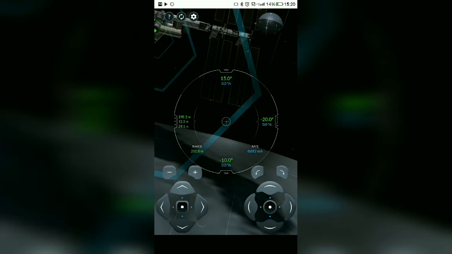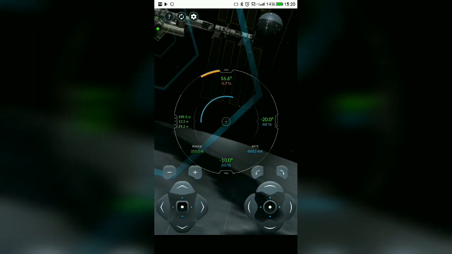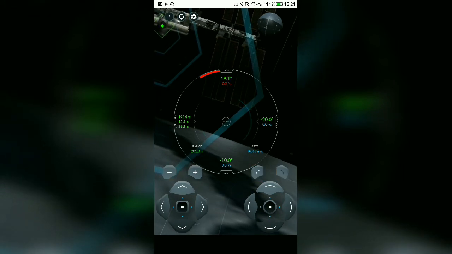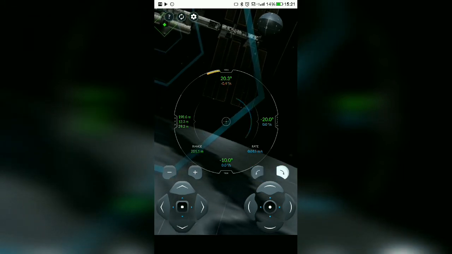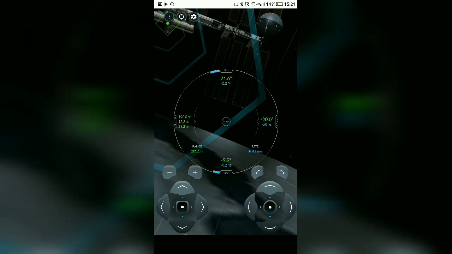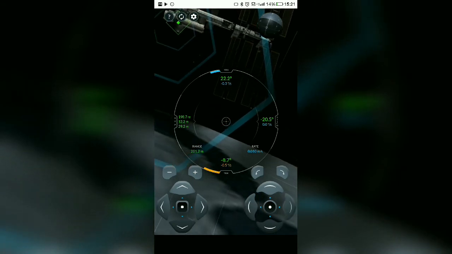Now, this button is for rolling in the anti-clockwise direction. This button is for rolling in the clockwise direction. This is for yawing towards the left side.